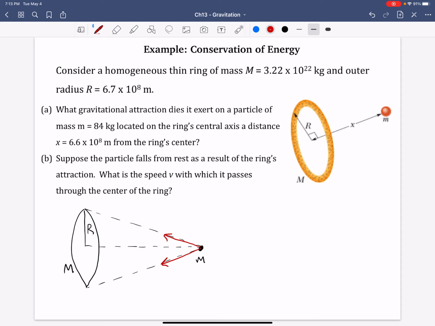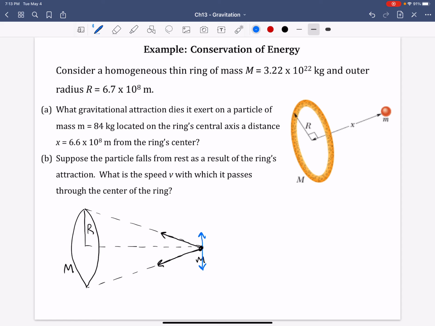We have a component in this direction. Actually, let's not use red. Let me use black. Can you see what's going to happen? There's a component of the force up and a component down, right?